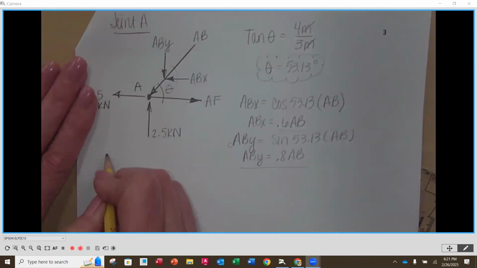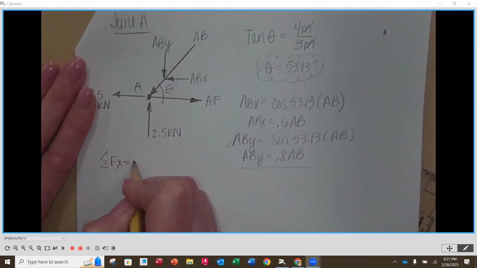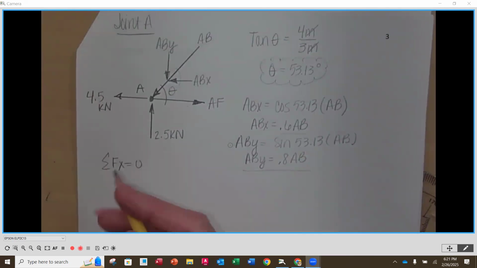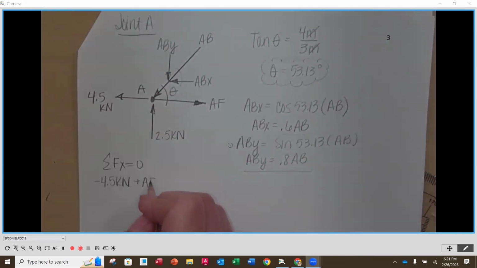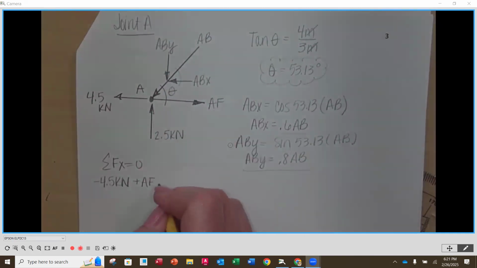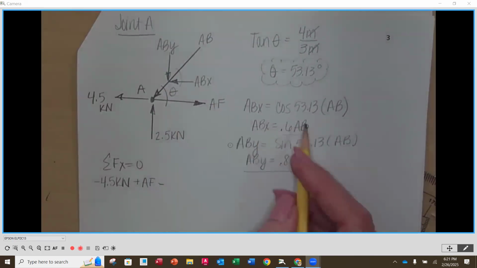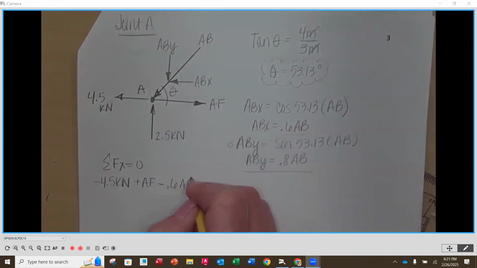So down here below, I'm going to do my sum of my forces in the x equals 0. So I'll notice that I have a negative 4.5 kilonewtons, I have a positive AF, right? And then I have a negative ABX, 0.6 AB, equal to 0.